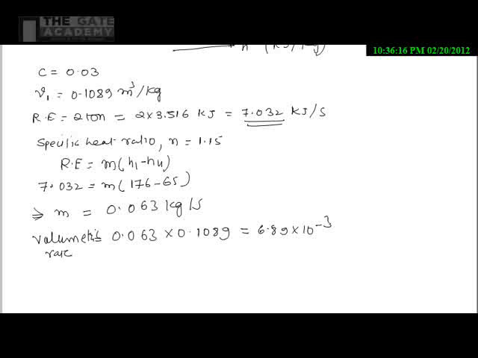Now we can find out the volumetric efficiency.